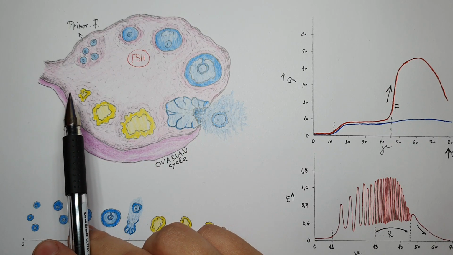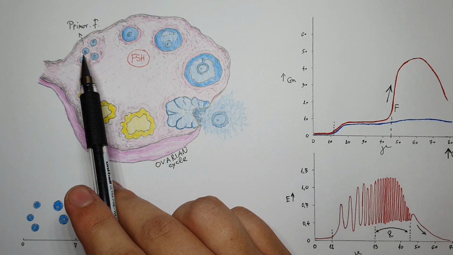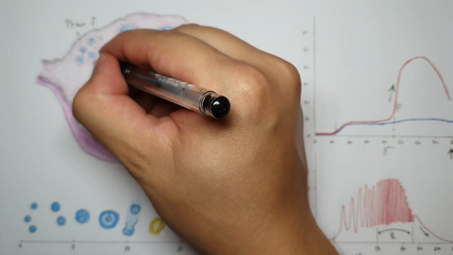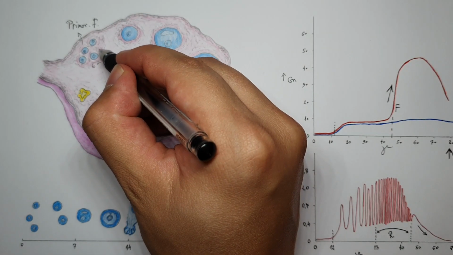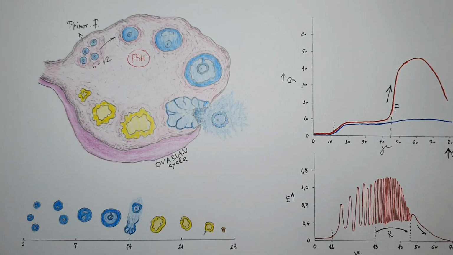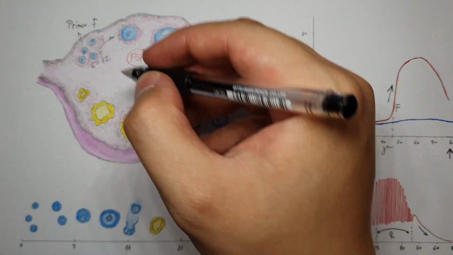So at the beginning of a menstruation, some of these 6 to 12 primordial follicles start to develop. And they are starting to grow, cells start to divide, and some of them develop into the primary follicle.